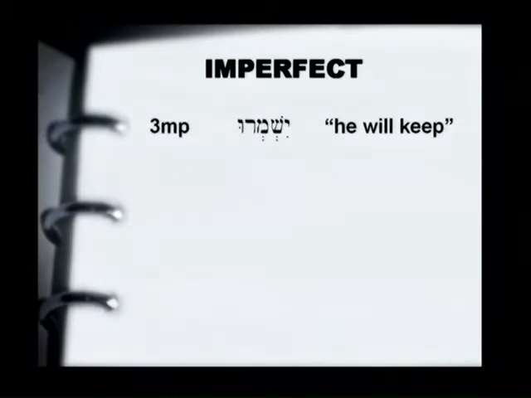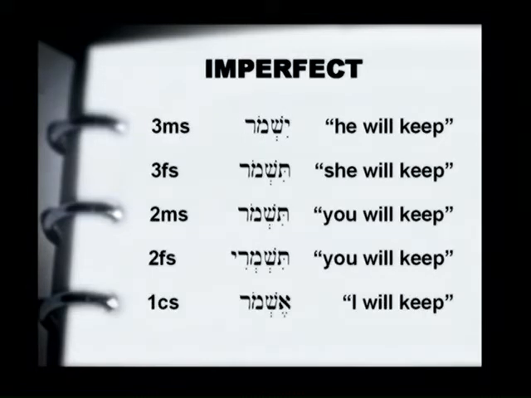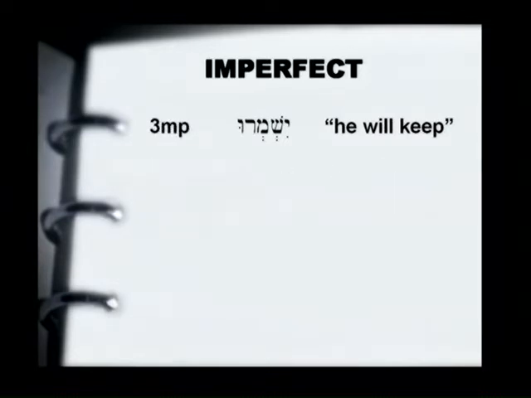And then we move to the plural. Notice that in the singular, only one had a suffix. That was the second feminine singular. The others have no suffix. It's only by prefix that it's identified. But in the plural, notice that the shureq occurs.